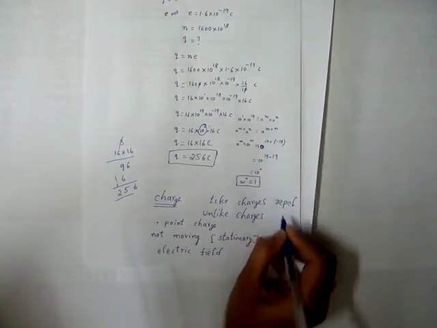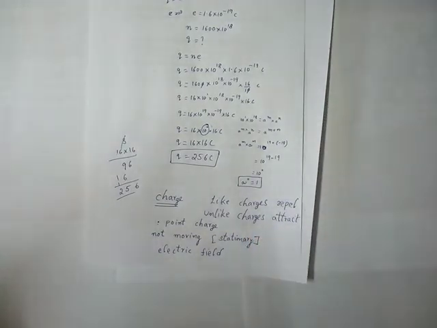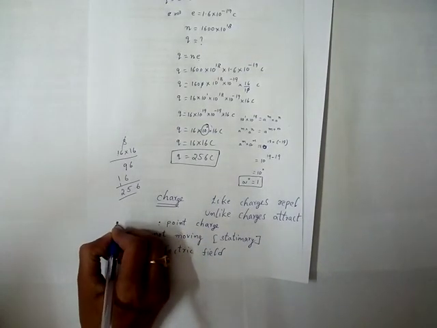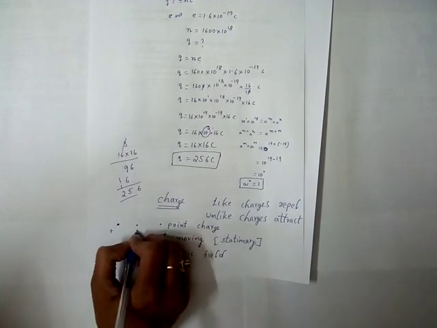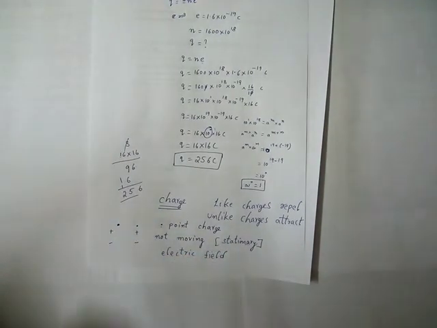We have seen two types of charges, positive and negative. So when you have two charges that are both plus, or both minus also, they are called similar charges or like charges. They repel each other, means they move away.